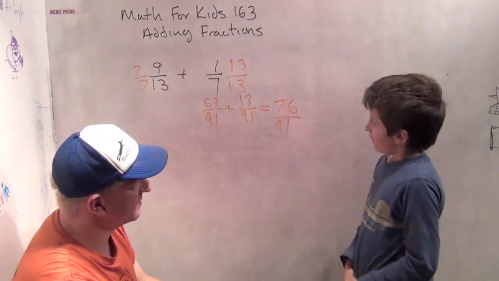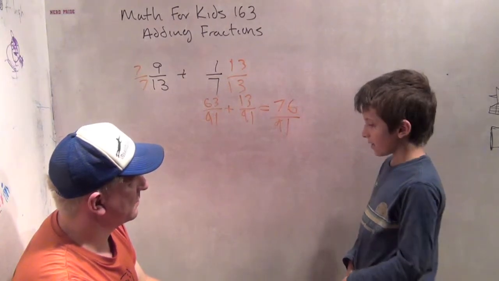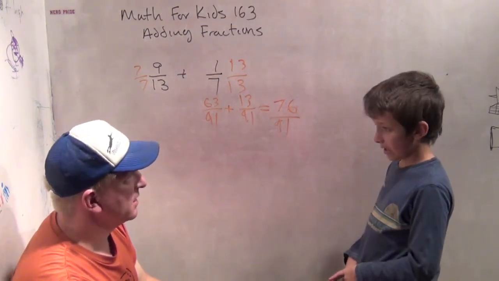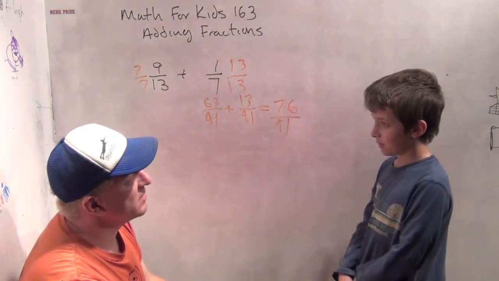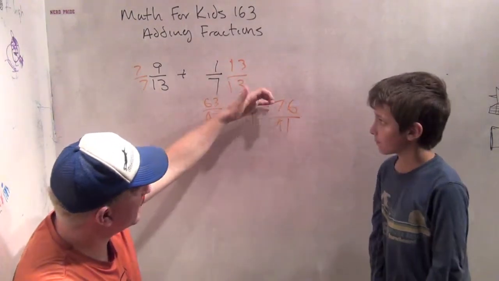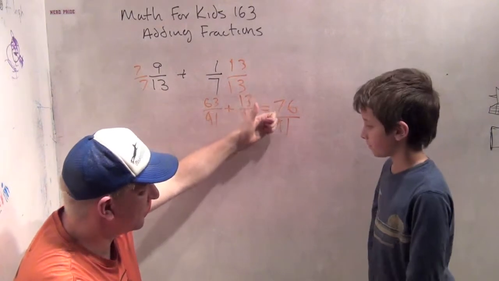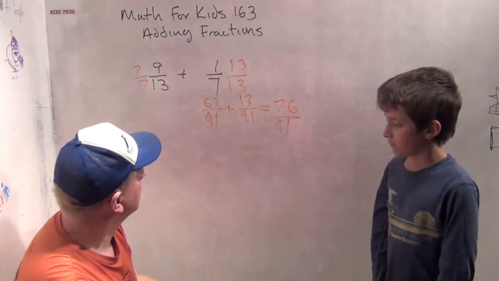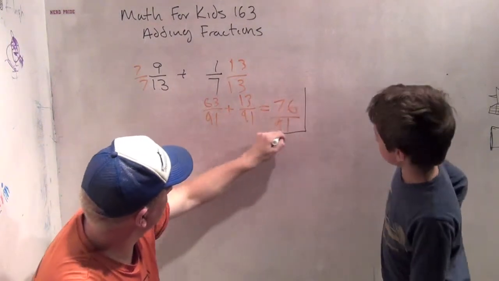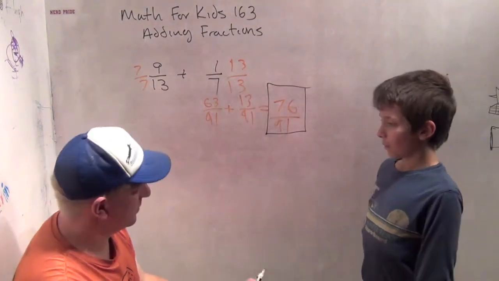What about 13? It's not, because 78 is. What is 78? 78 is 6 times 13. So 76 is not divisible by 7 or 13. So there you go: 76/91. All right, good job.